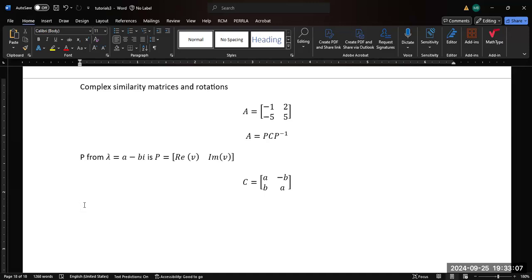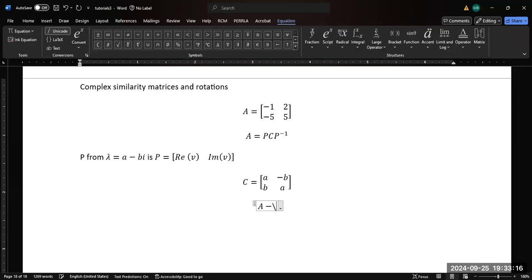And then we'll worry about extending it to larger dimensions in another lesson. So first, we're going to try to find our characteristic polynomial, and we're going to try to find our eigenvalues. So we're going to calculate our A minus lambda I matrix. So this is going to be -1 minus lambda and 2 and -5 and 5 minus lambda.